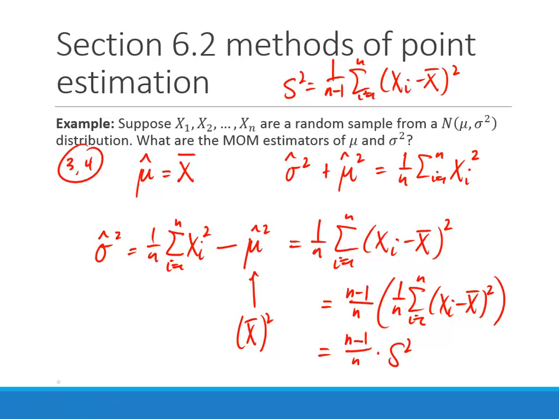Sorry, let me just write this out. So this should be an n minus 1 here. Okay, so the method of moments estimator there is a function of my sample variance.